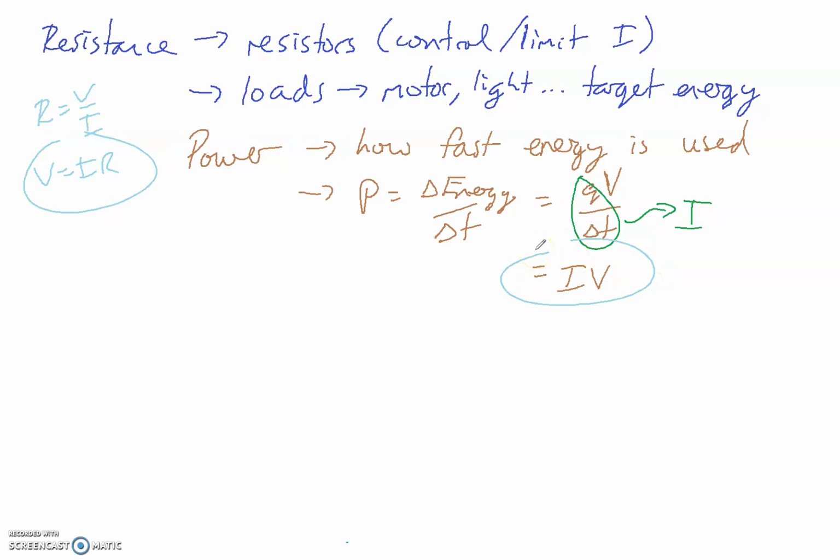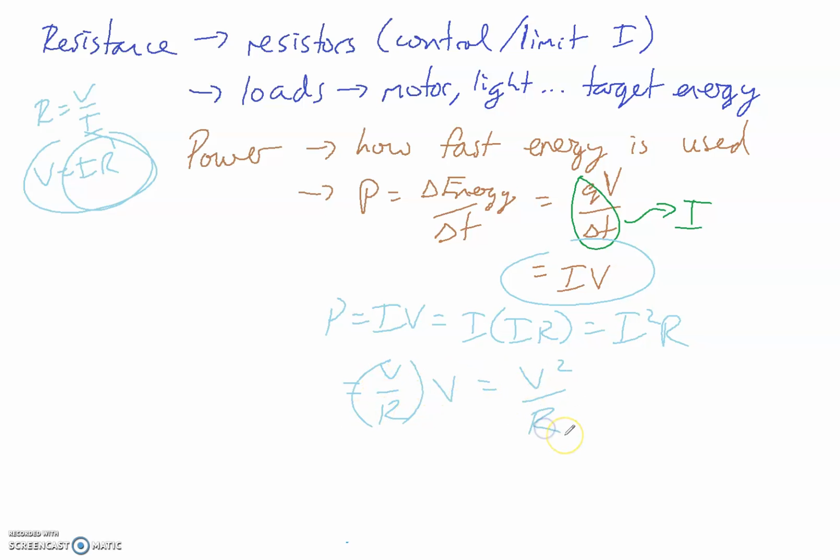You can solve for power using current times voltage, but you could substitute I times R in for the V, which gives you I squared R. You can also rearrange for the current, which is V over R, so that's V over R times V, which gives you V squared over R. These are all common ways that power is calculated, and it has a huge connection to resistance.